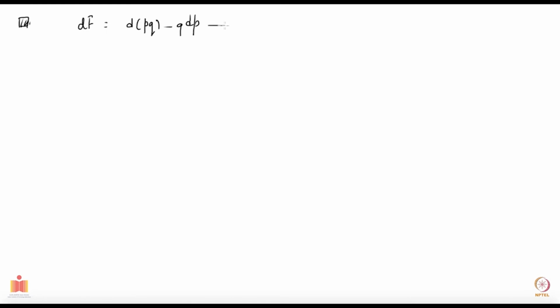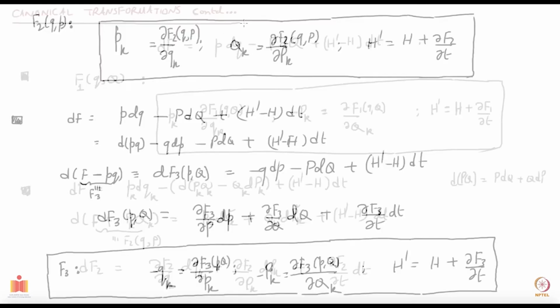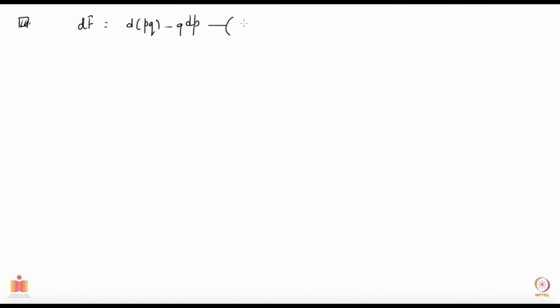Minus this term capital P dQ I can write as d of PQ minus Q dP. Okay, and then you have these terms anyway.